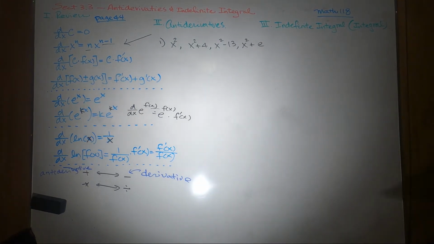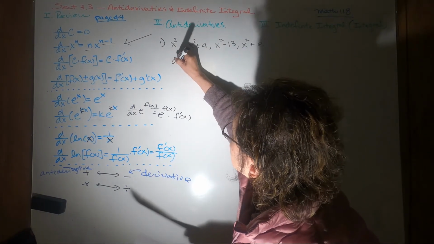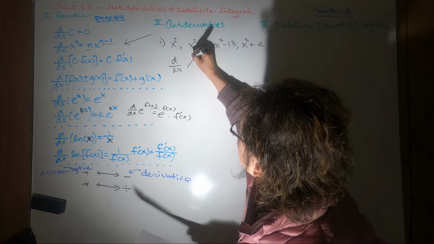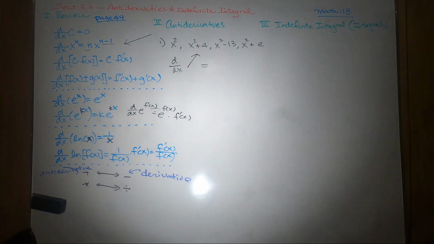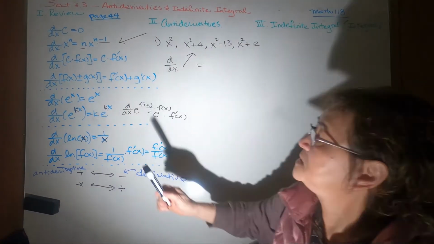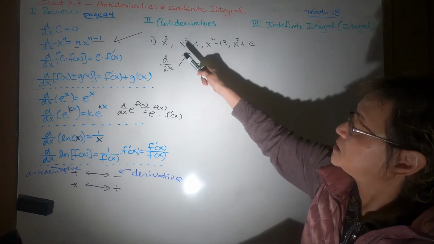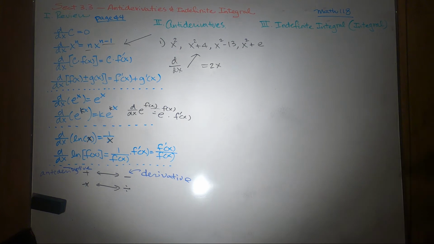If we take a derivative d/dx of any of those, then what do we have? By the constant rule, the constant will be 0, and x squared taking a derivative would be 2x, right?